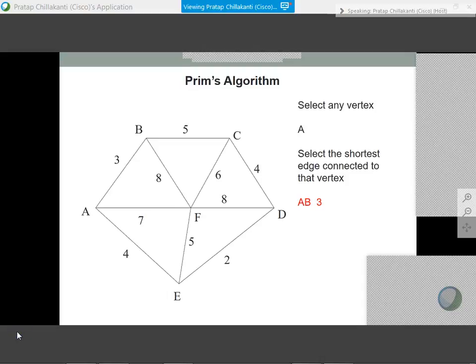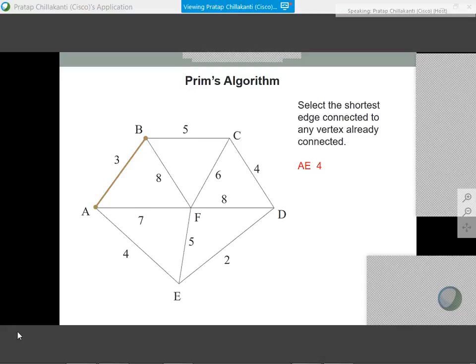Okay. Select the shortest edge connected to that vertex. That is AB. Then select the shortest edge connected to any vertex already connected. Any vertex, remember that, not just B. That means it could be A, it could also be B. But you have to select the shortest edge.